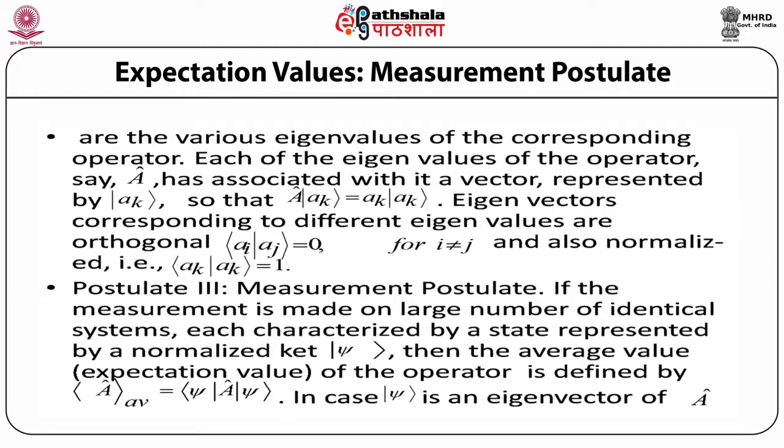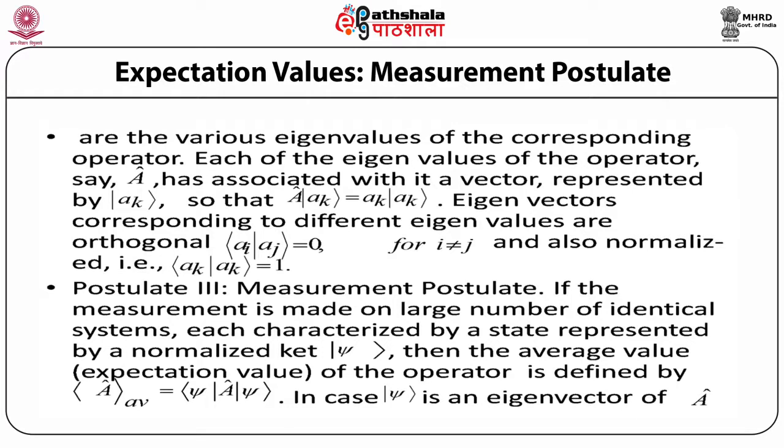Eigenvectors corresponding to different eigenvalues are orthogonal, that is, bra vector A_i ket vector A_j is equal to 0 for all i not equal to j, and also normalized, that is, bra vector A_k ket vector A_k is equal to 1.